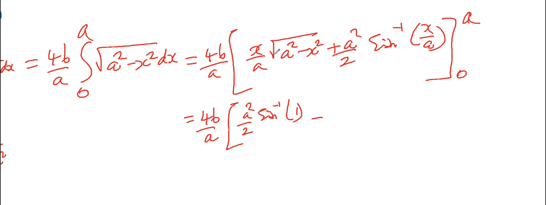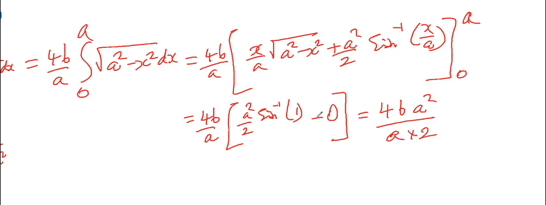When I substitute 0, it will become 0. Similarly, sine inverse of 0 will become 0, so this entire term becomes 0. So what answer will I get? I will get 4b a square upon a into 2 times sine inverse of 1. Sine inverse of 1 is pi by 2. Now you can solve this.